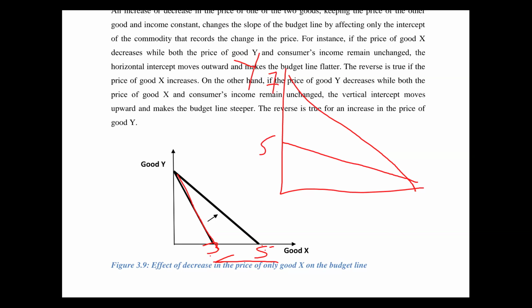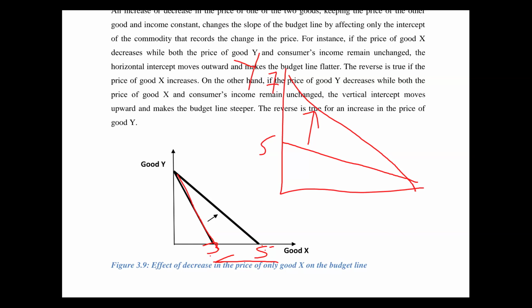If the price reduces, then it will tilt outward, showing that this will be an increase in the level of satisfaction, because there will be an increase in the quantities of goods that you're going to get. When prices decrease, the tilting of the budget line is outward.